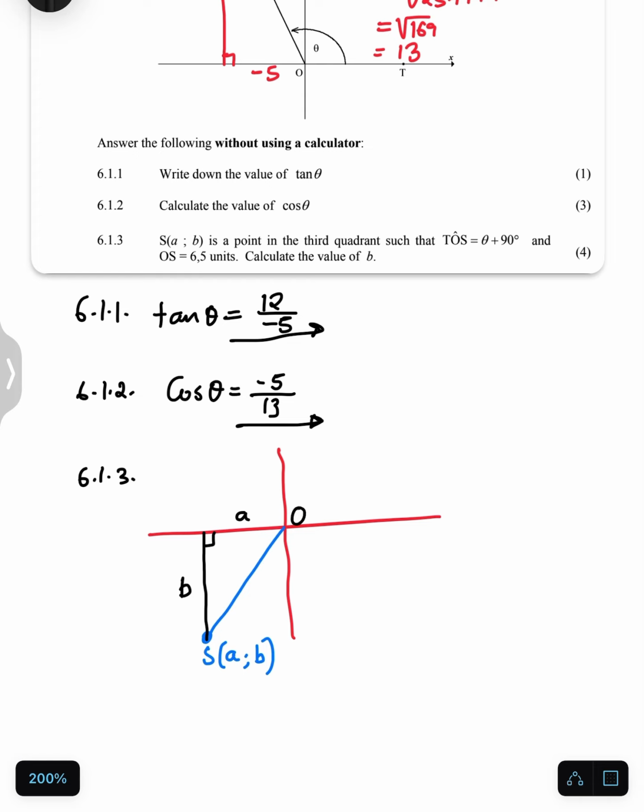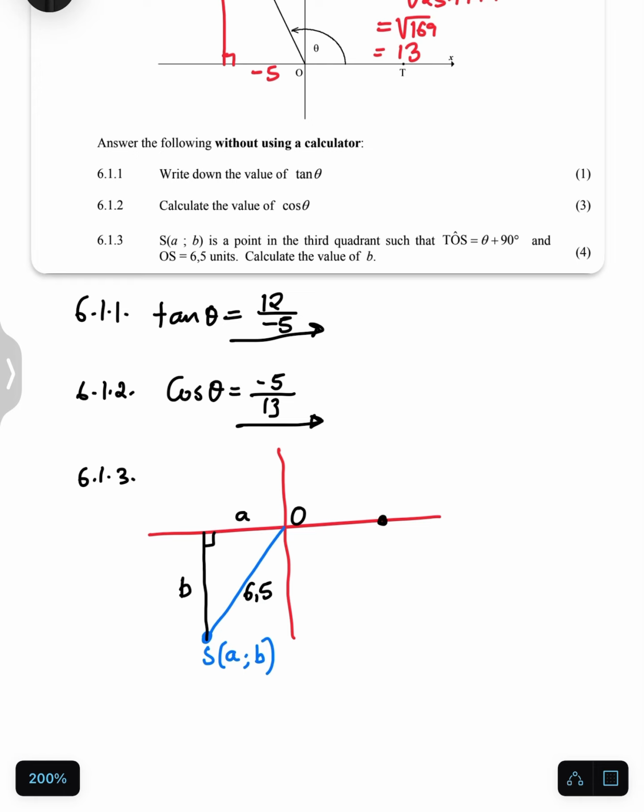In this case, they said the length of OS is 6.5. So this is 6.5, that is our hypotenuse. The question here is to calculate the value of B if angle TOS is theta. From the previous diagram, T was on the positive side of the x-axis.